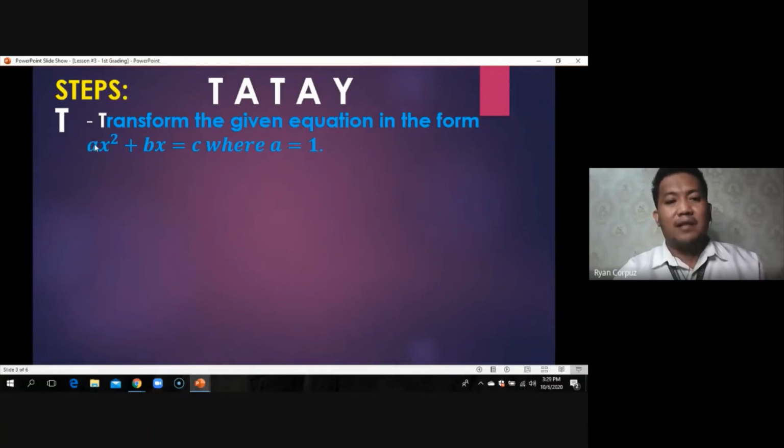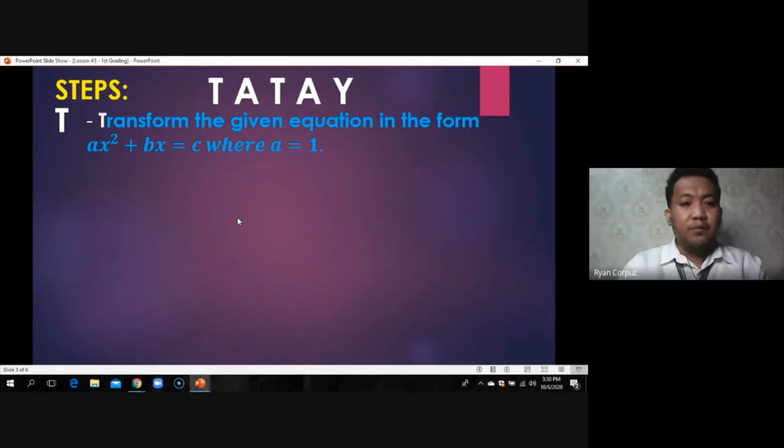So, if that is not 1, you still have to make it 1 first by simplifying it. So, dapat we have to make that value of a here na 1. In that case, mas madali nating mai-apply yung completing the square as a method in solving quadratic equation.